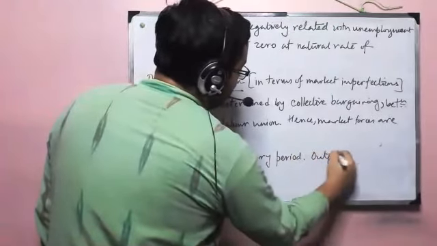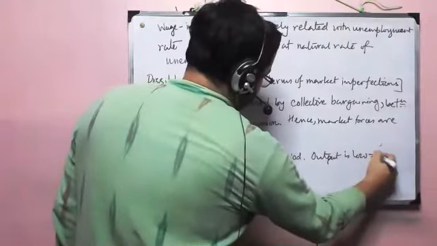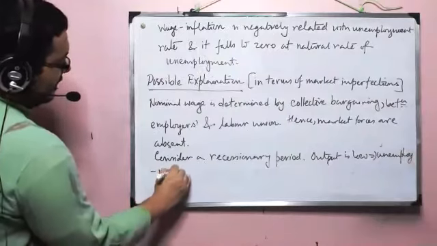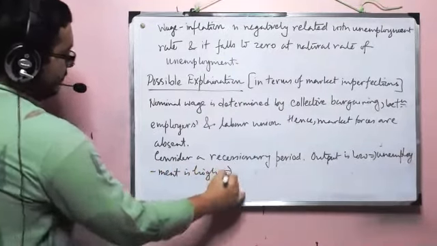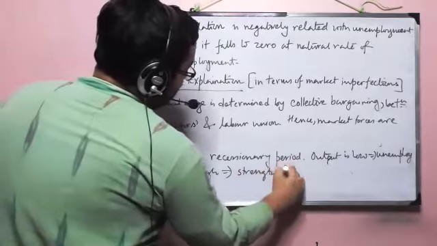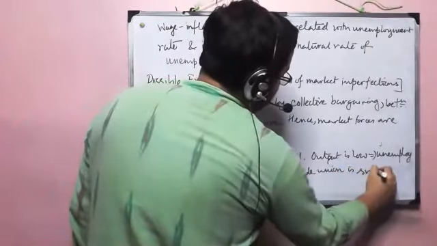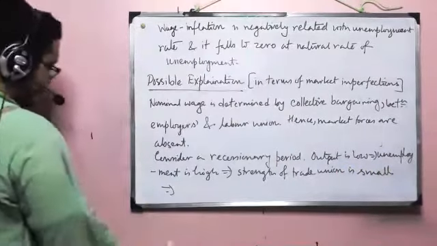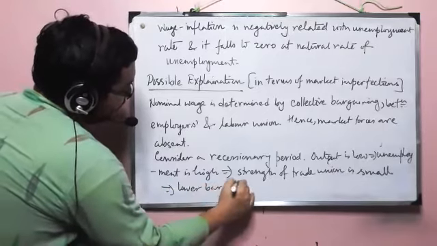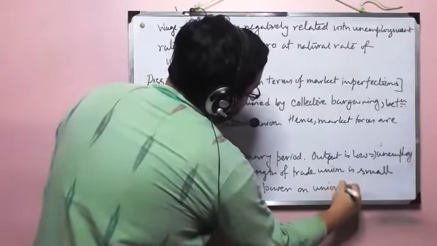Output is low, which means unemployment is high, which means strength of trade union is small, which again means lower bargaining power on union's side.